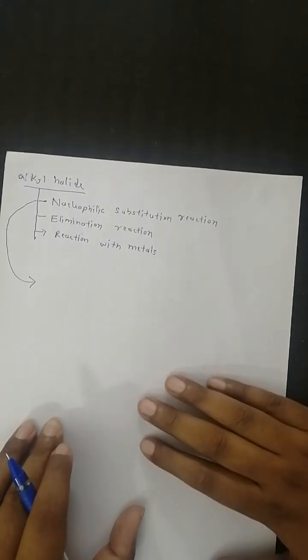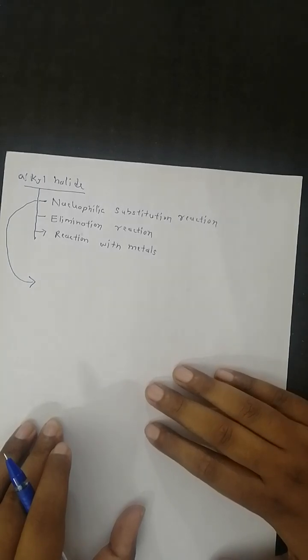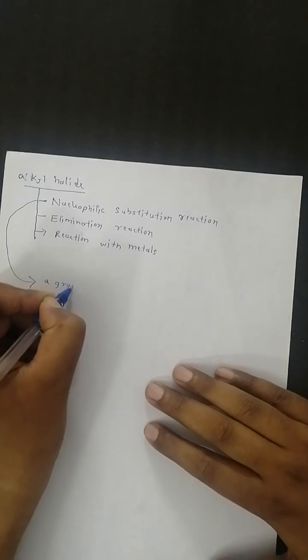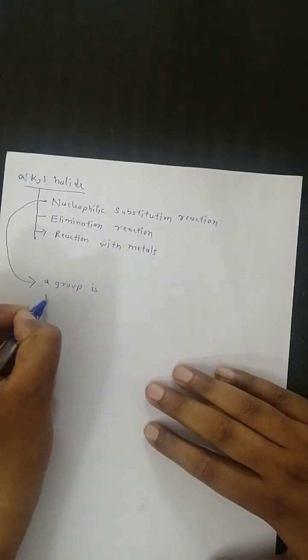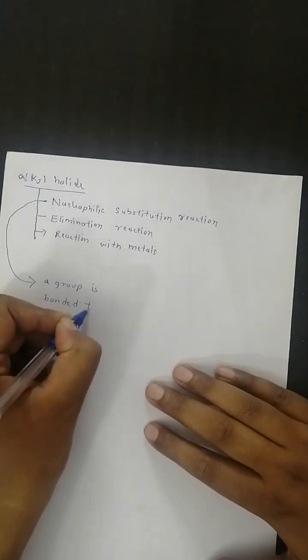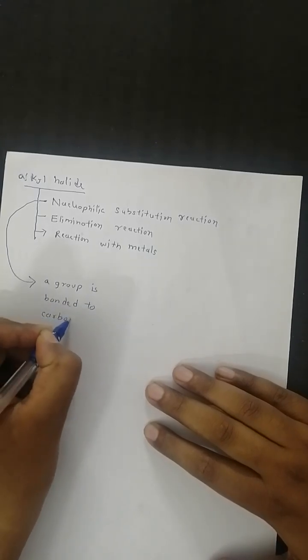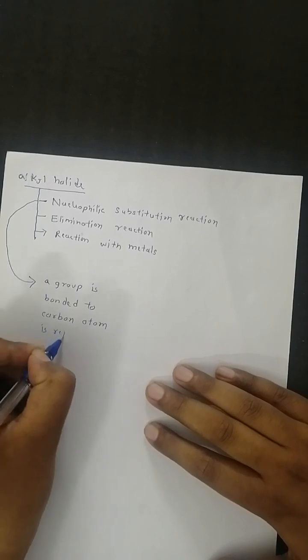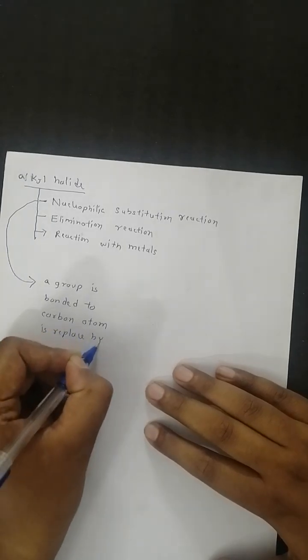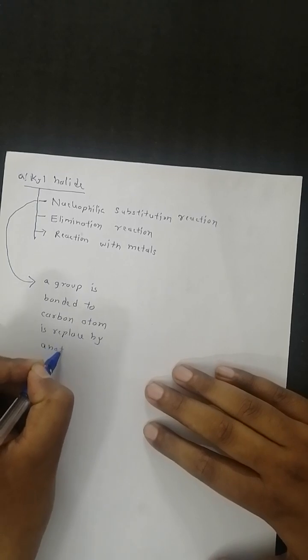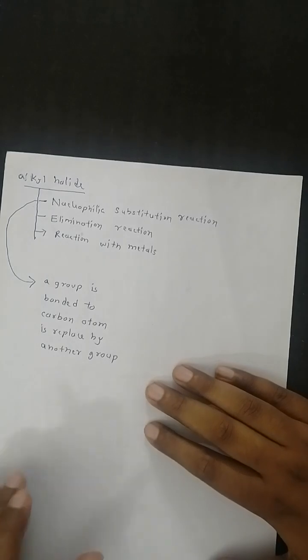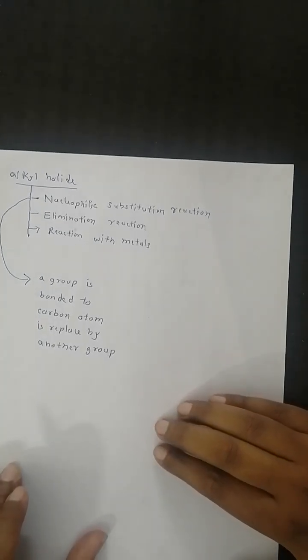So what they have said in this definition is that when a group bonded to a carbon atom of the substrate is replaced by another group, such a reaction is called a nucleophilic substitution reaction.